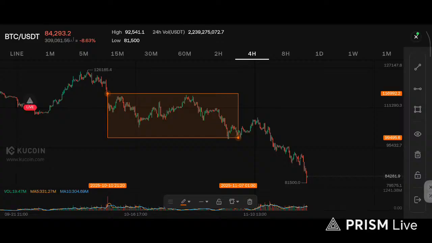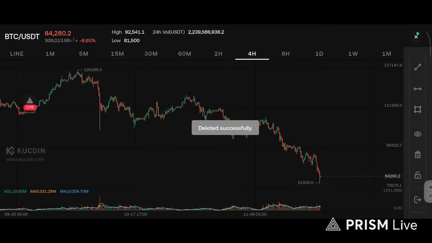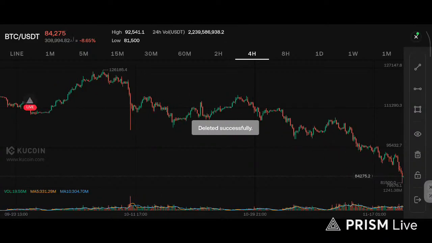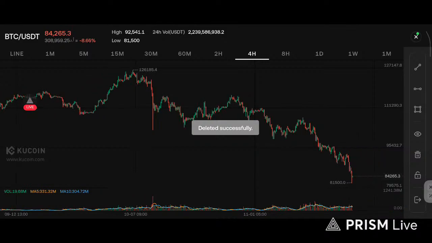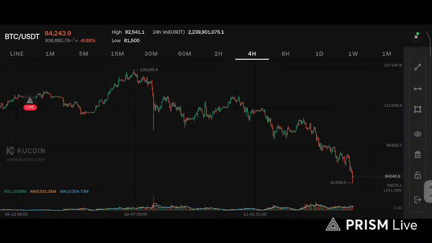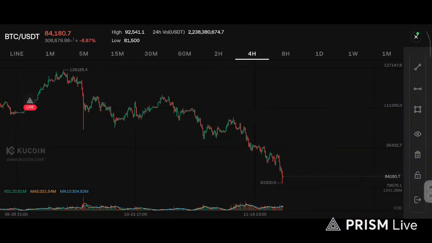So if you would have entered a short position now in BTC, as our short is being marked, you see it was creating a series of lower highs and lower lows, lower highs, lower lows. We don't know what's going to form next in BTC.